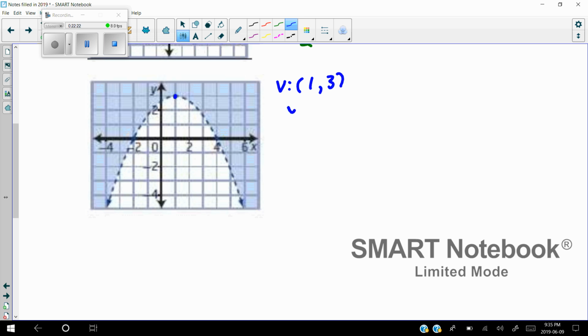So I'm going to go ahead and put that. y equals a times (x minus 1) plus 3. Okay, then I am going to pick another point to solve for a. I'm going to pick the point 0, 4.